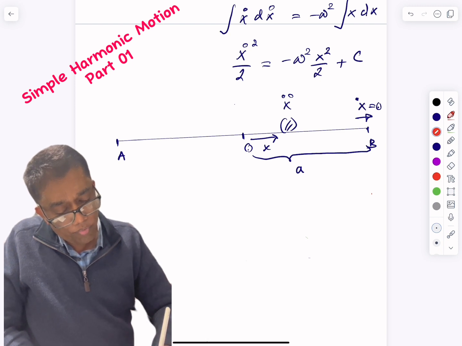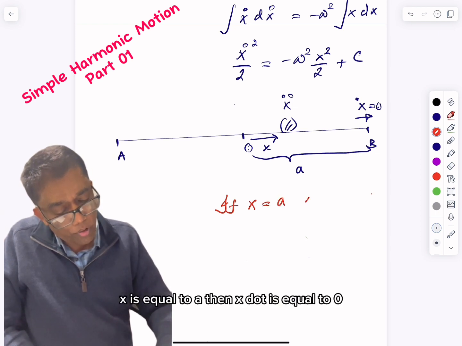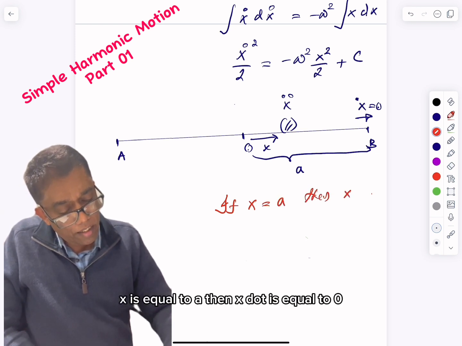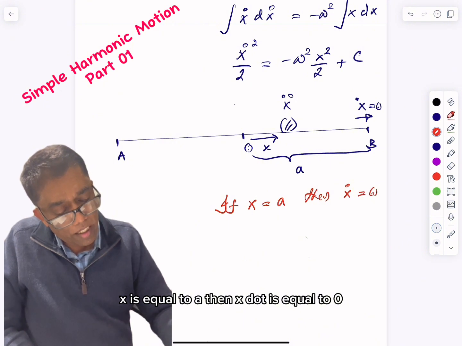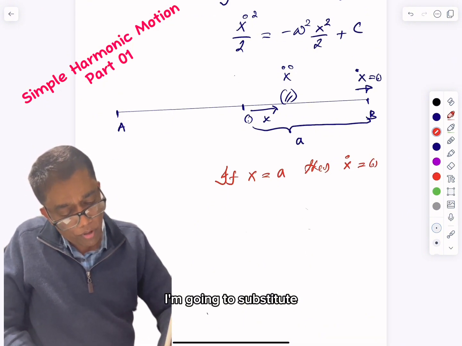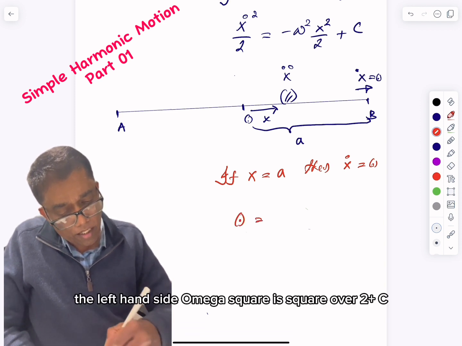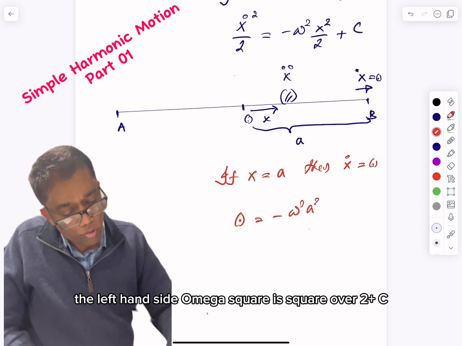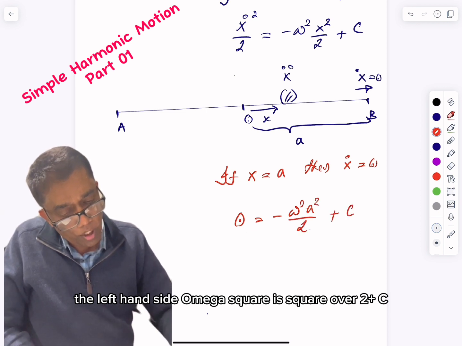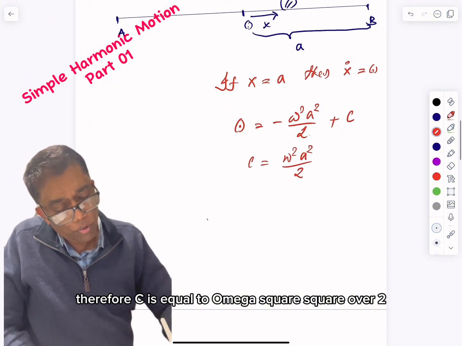Now, if x is equal to A, then x dot is equal to 0. I'm going to substitute. The left hand side is 0, and the right side is negative omega square A square over 2 plus c. Therefore, c is equal to omega square A square over 2.